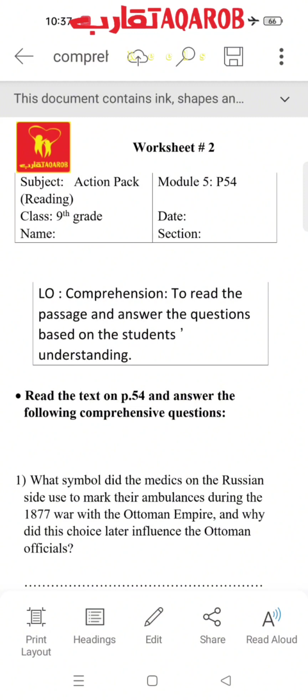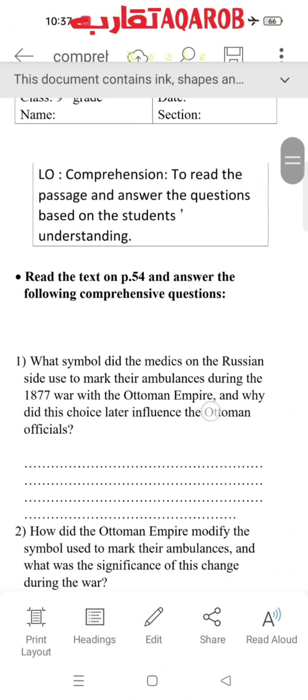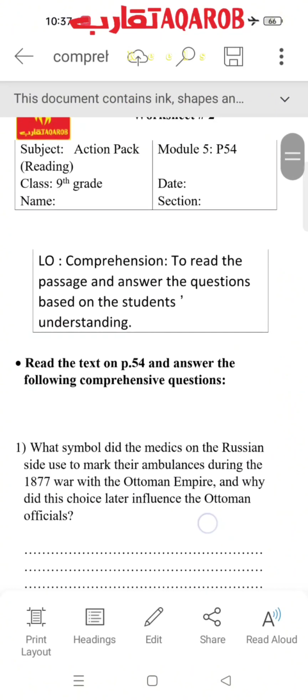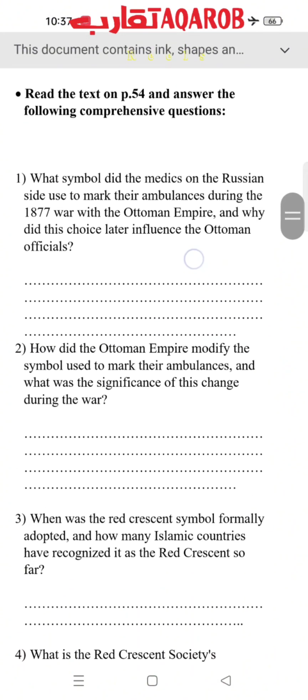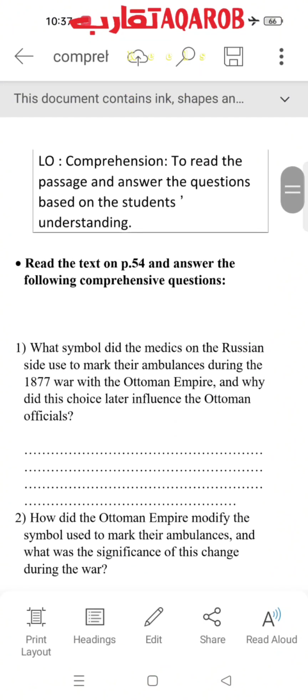So we have discussed the article about the Red Crescent in the previous videos, and in this video we're going to answer the comprehension questions of this worksheet together about page 54, which talks about the Red Crescent.